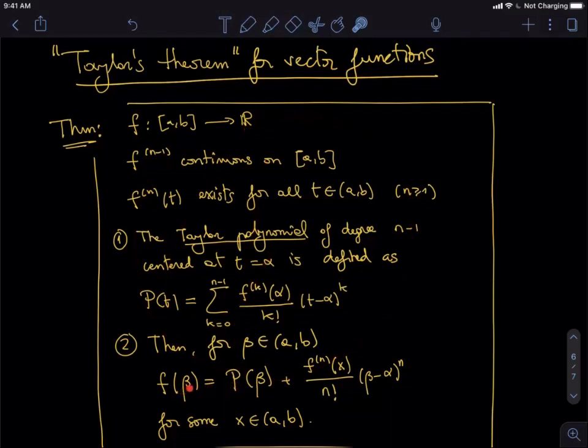It says that we can approximate a function f that is n times differentiable by a polynomial, the Taylor polynomial. In particular, when I take this Taylor polynomial of degree 1, what I'm writing down here is precisely the mean value theorem, which we saw in the previous video, that can be extended in some way to vector functions as an inequality.